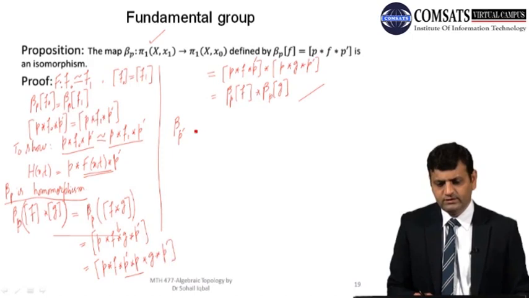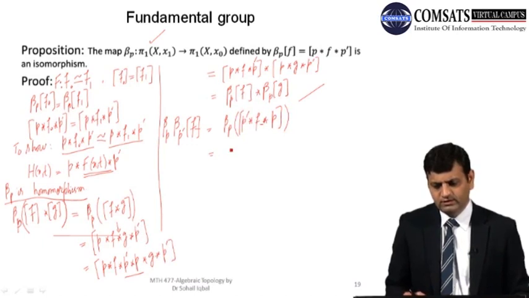Okay, so we can easily see that beta P prime of any path class is equal to the path class of P prime star F star P, because the inverse of P prime is P. Similarly, this is equal to P star P prime star F star P prime, so they are inverses of each other, P and P prime.